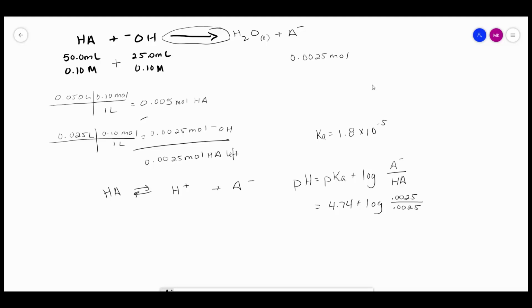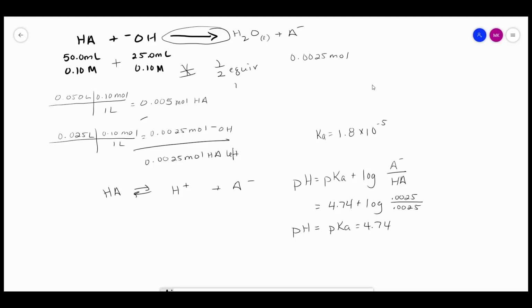Now the log of 1 is 0. So this is where the pH equals the pKa, which is 4.74. This is a special case called the half equivalence point.